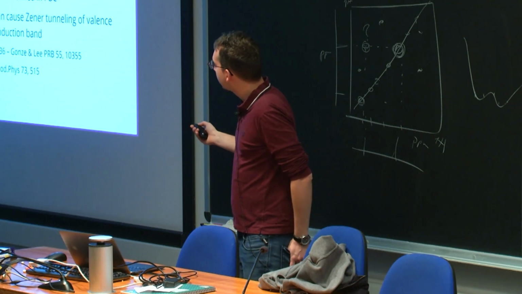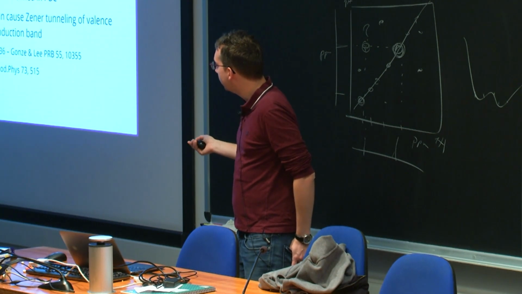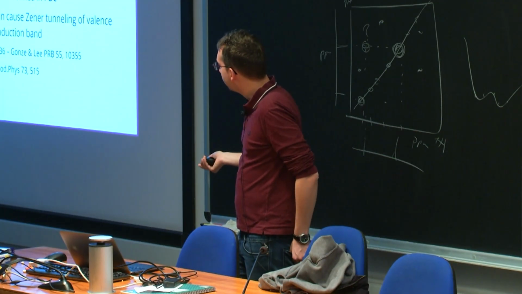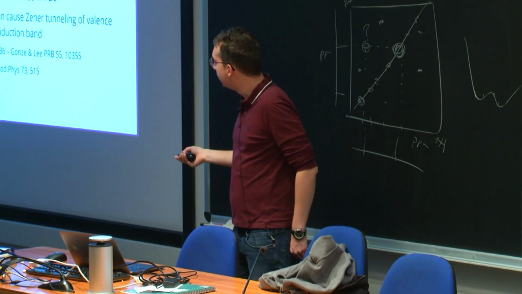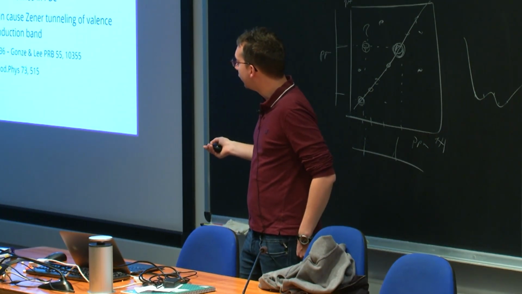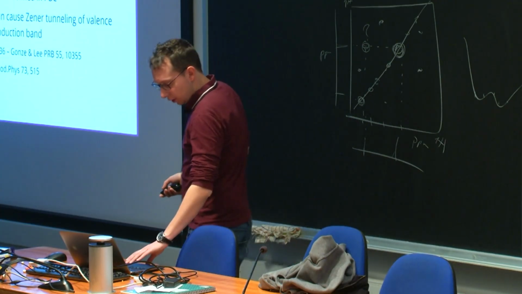This response to electric field has been treated by Gonze and Gonze-Lee, and Baroni, Giannozzi, De Gironcoli, and Corso in these papers. They take two very different approaches, and I'm going to see the approach of Baroni and co-authors now.